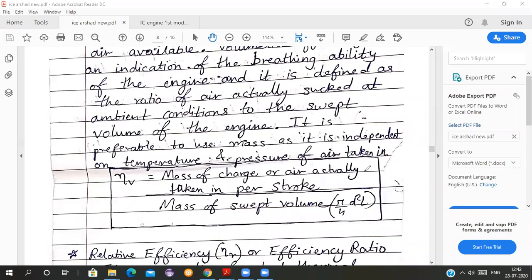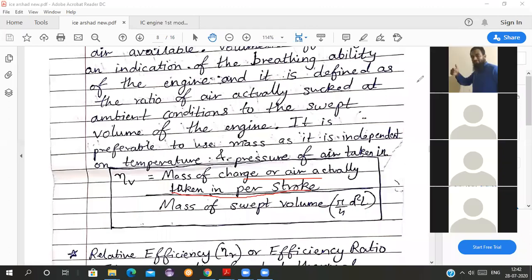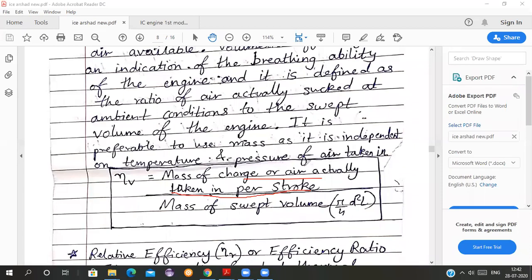You just see here, volumetric efficiency is the mass of charge of air actually taken in per stroke. That is the mass of charge of air in the suction stroke upon the mass of the swept volume.